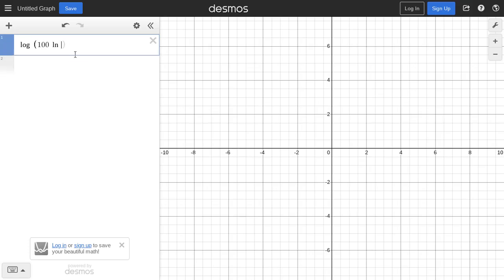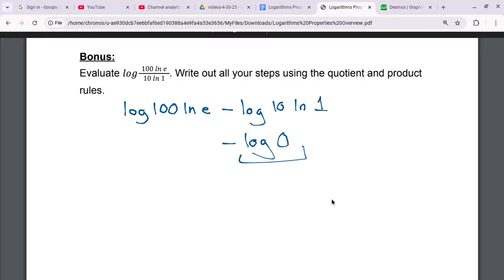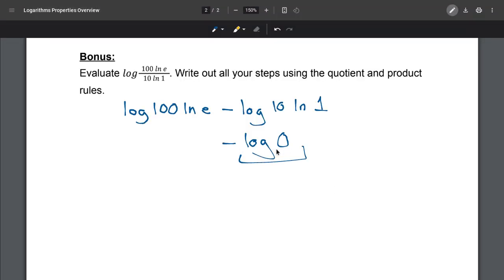Maybe I'm not doing this right, but let's do 100 natural log of e divided by 10 natural log of 1. That's what I need to do. But basically the whole point is this whole thing is undefined because you can't take the log of 0. Another way to think about this is this bottom part here is equal to 0, and you can't divide by 0. That's undefined. So the whole thing is undefined.